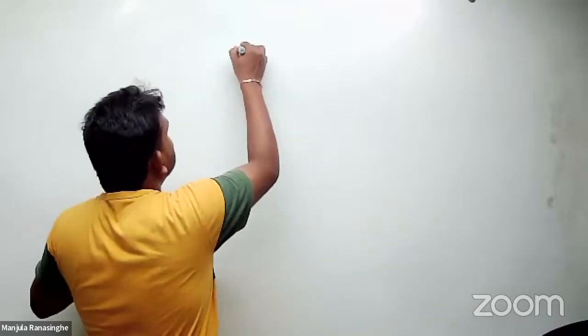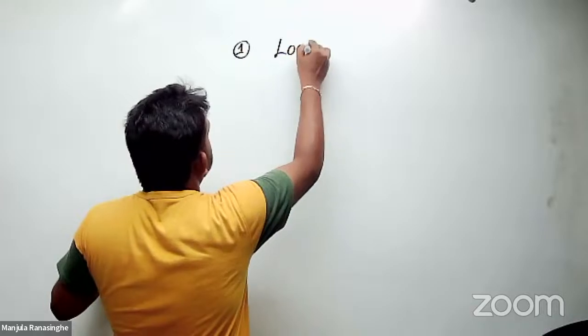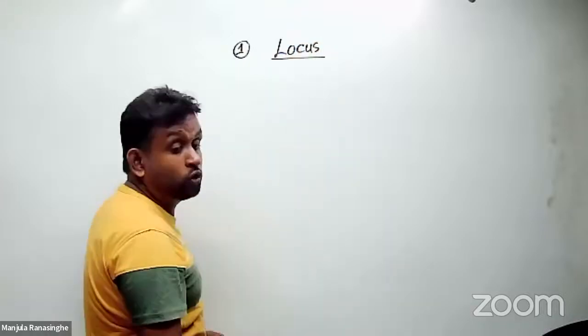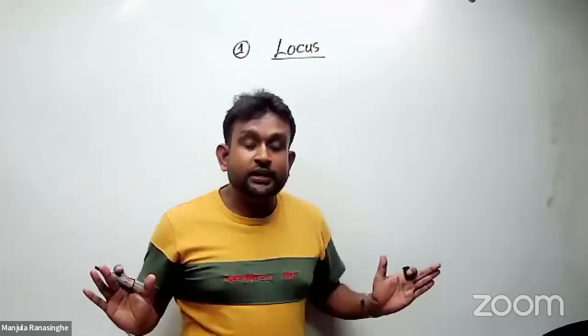Okay, so now I start the discussion. From grade 9, 10, 11, all the theories will be discussed together, so you can refresh your knowledge. The first thing I will discuss is the locus. We have 4 locus.